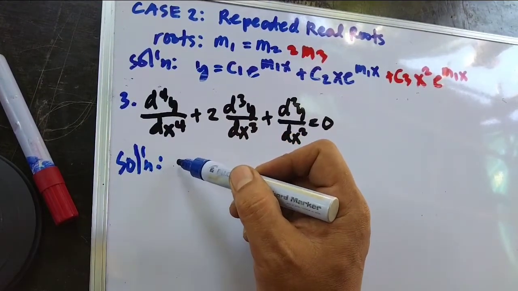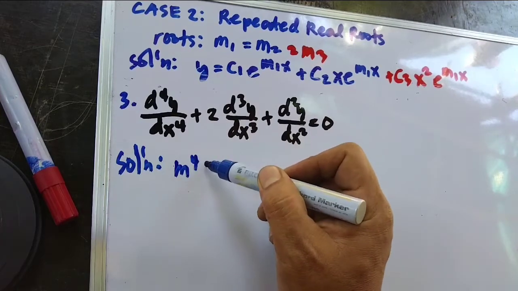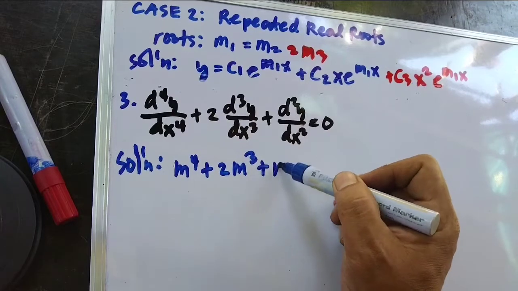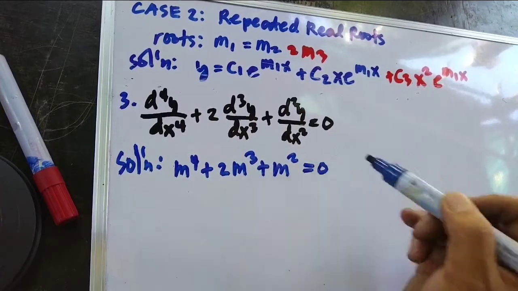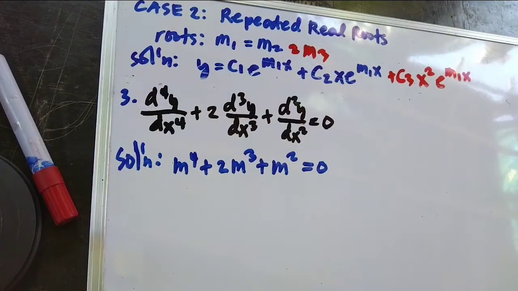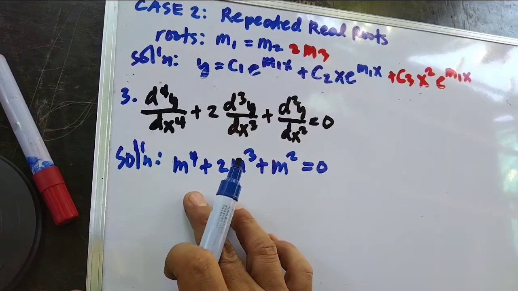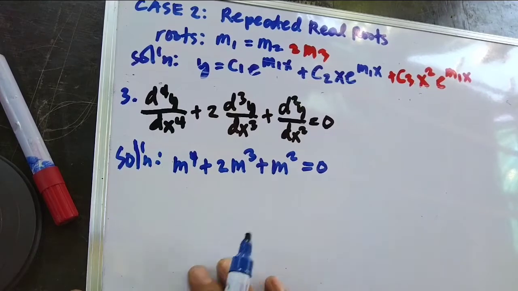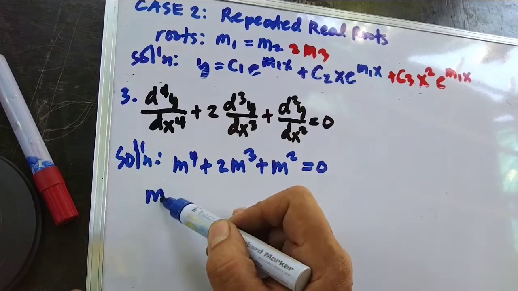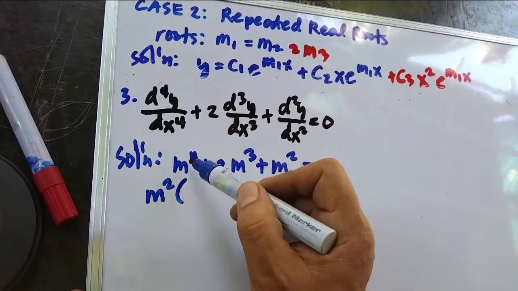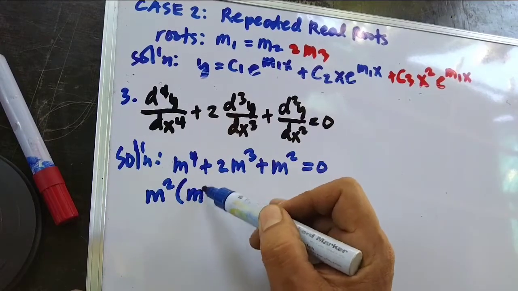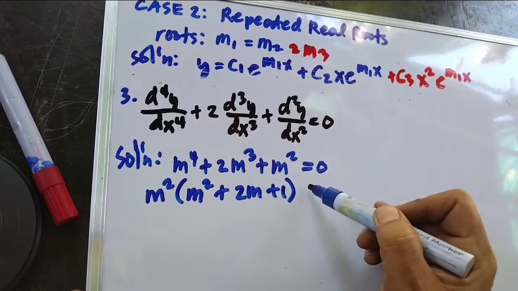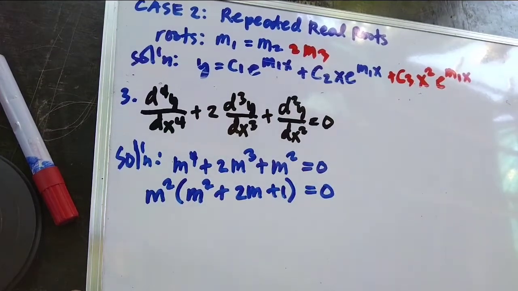So you have m to the fourth plus 2m cubed plus m squared is equal to 0. Okay. Now, as you observe, what is common from the three terms? No? So, we need to factor out m squared. So, ang mabilin din sa m to the fourth is m squared plus 2m plus 1 is equal to 0.